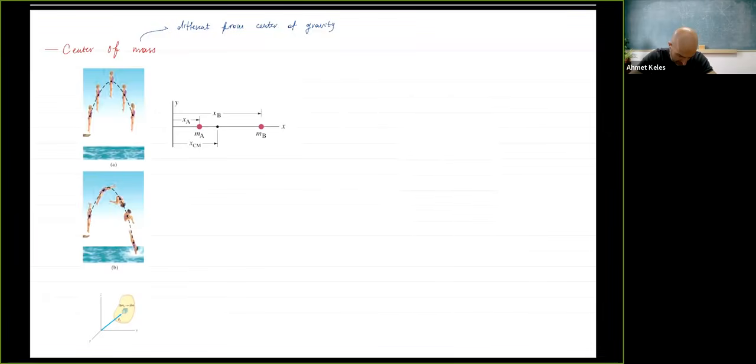And the definition of center of mass is like we said: an extended object moves like a point object exactly at its center of mass.